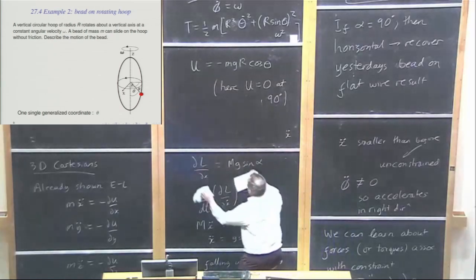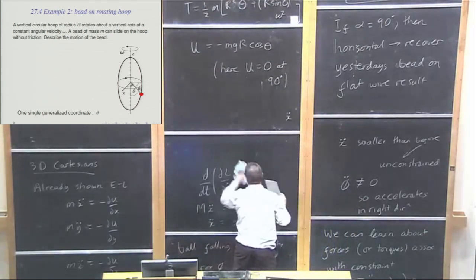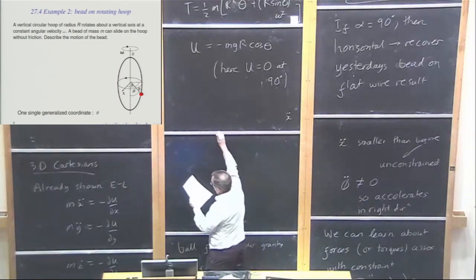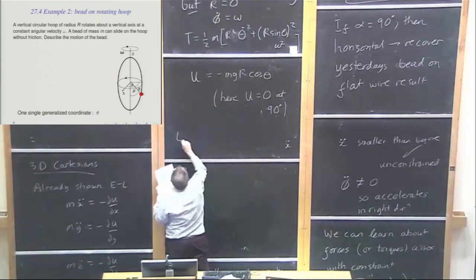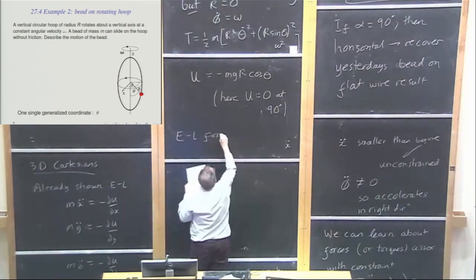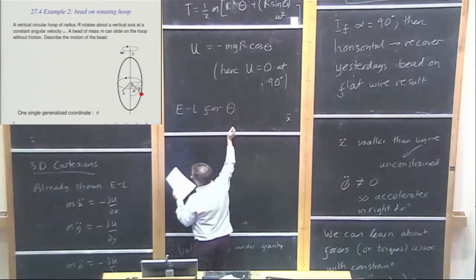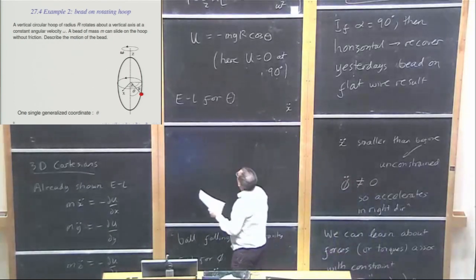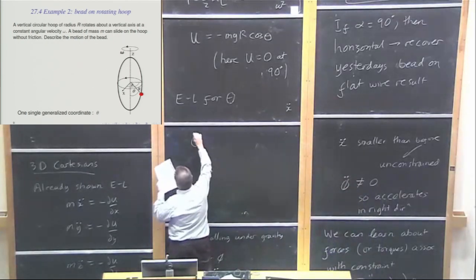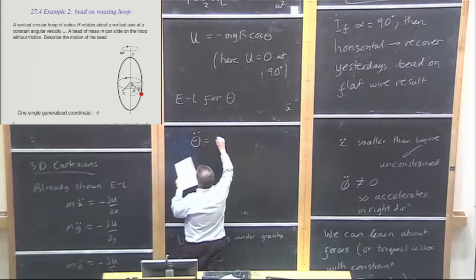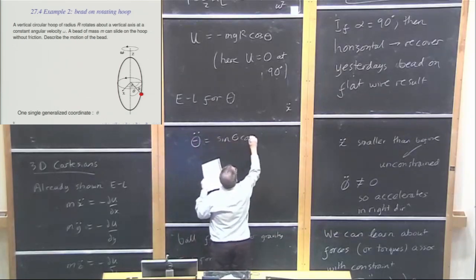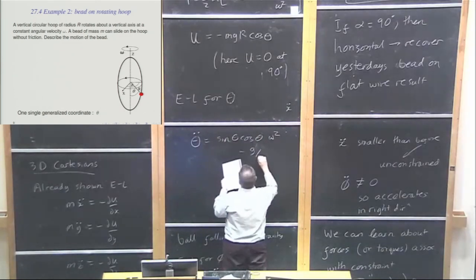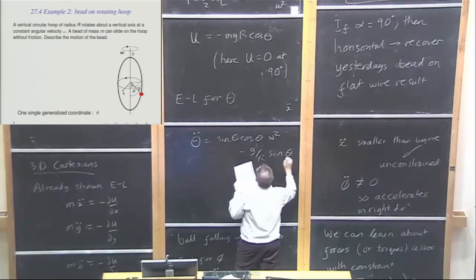Right, so we can evaluate Euler-Lagrange for theta. This is the last slide. By now you really should be willing to allow me to write down just the result, and the result is that theta double dot is equal to sine theta cosine theta omega squared minus g over r sine theta.